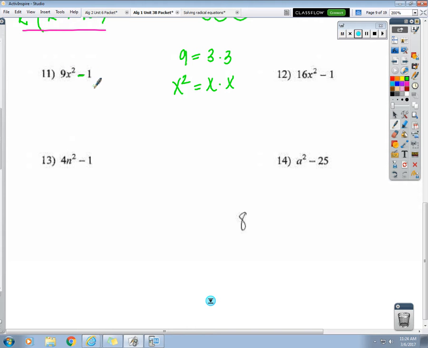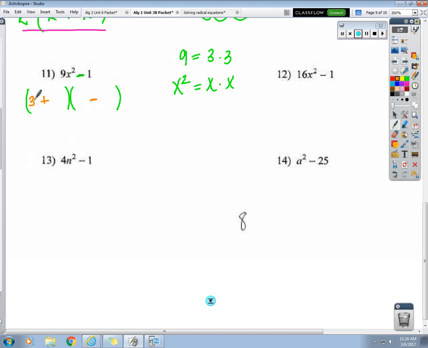So anytime you see a binomial and it's a difference of two squares, meaning two perfect squares are being subtracted, you always factor it like this into two binomials. They're going to be identical except for their signs. So what times what will produce a 9x squared?